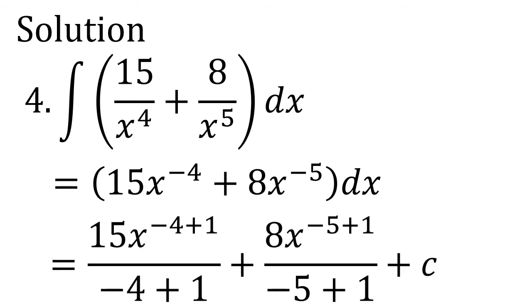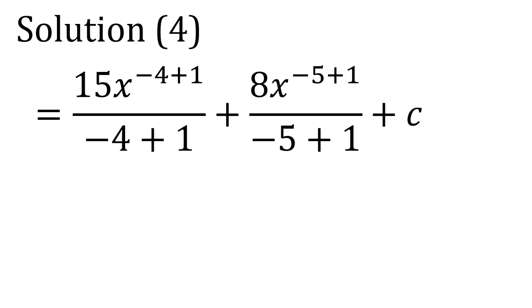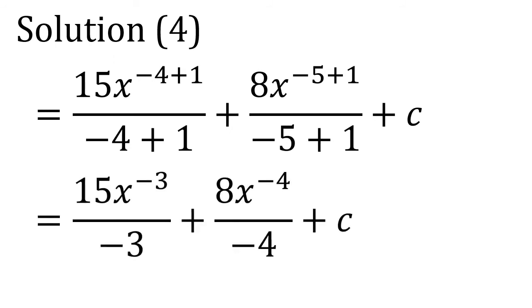Then, this could become 15x to the negative 4 plus 1 over negative 4 plus 1 plus 8x to the negative 5 plus 1 over negative 5 plus 1 plus c. Then, this can be 15x to the negative 3 over negative 3 plus 8x to the negative 4 over negative 4 plus c.